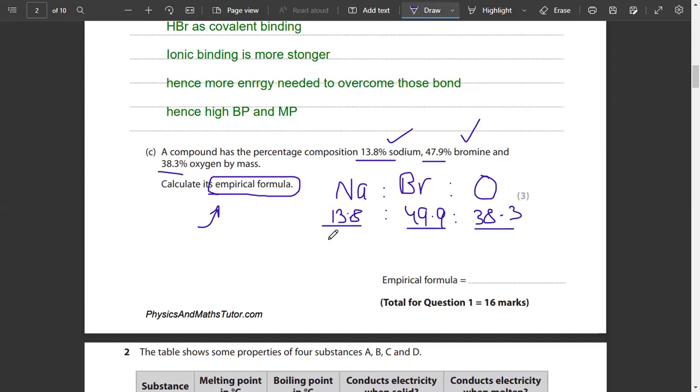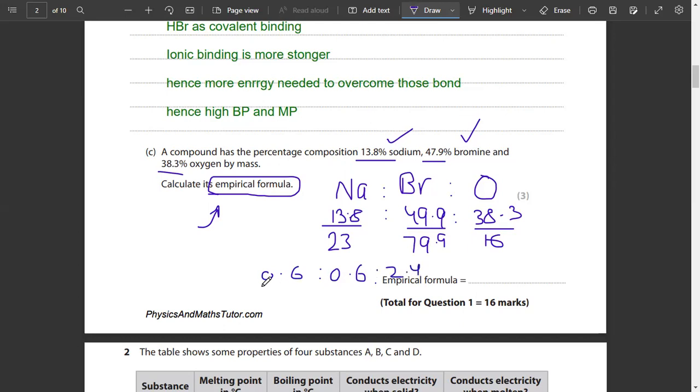Now you have to divide all these percentages by their masses. What is the mass of sodium? 23. Bromine? 79.9. Oxygen? 16. When you divide all of these, the answers will come in decimals. Sodium gives 0.6. 47.9 divided by 79.9 would give you again 0.6, and 38.3 divided by 16 would give you 2.4.